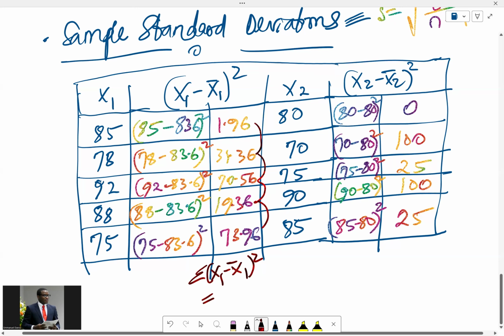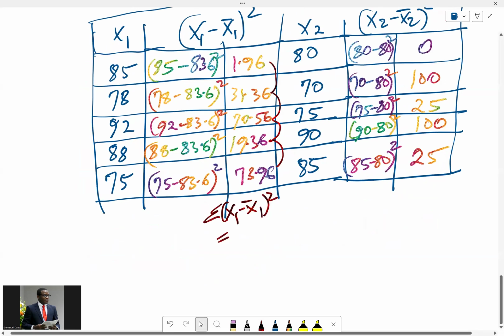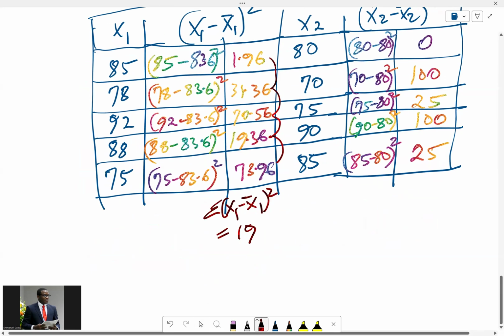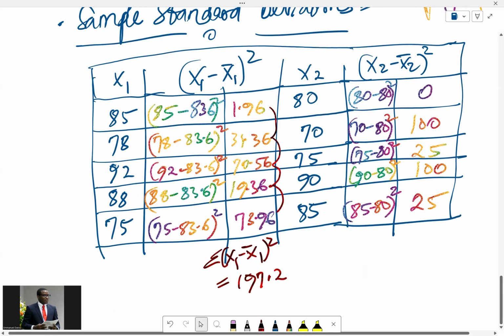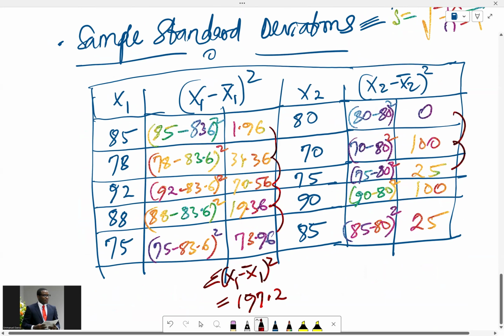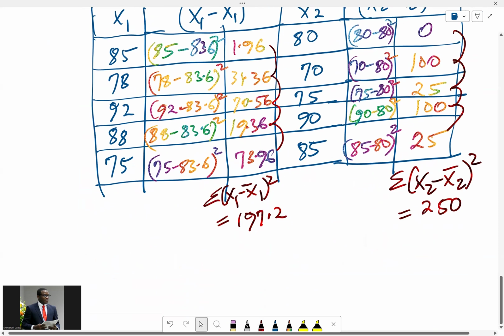For the first one, the sum is 197.2. Then when you come here and sum up 1, 2, 3, 4, and 5, the sum of x2 minus x2 bar all squared is actually 250.